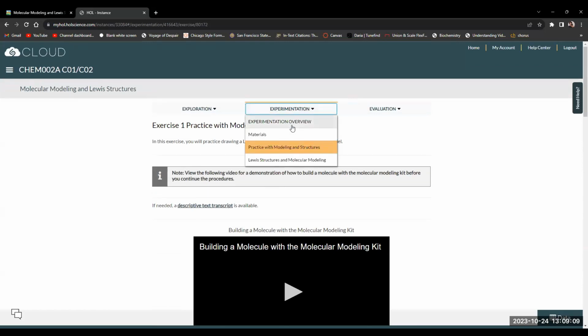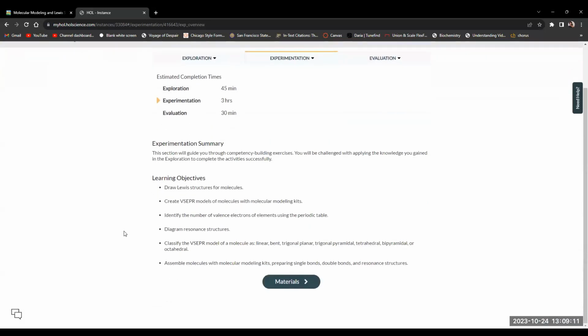Actually, I'll read the overview first. What we're going to be learning today is Lewis structures for molecules.